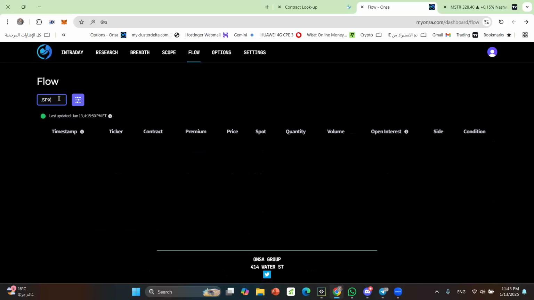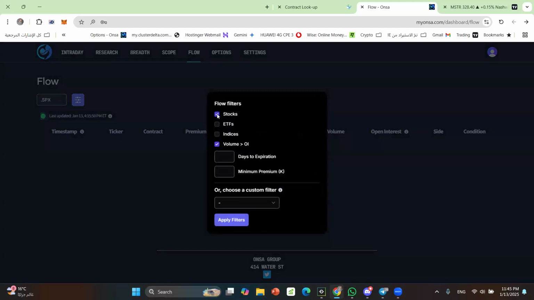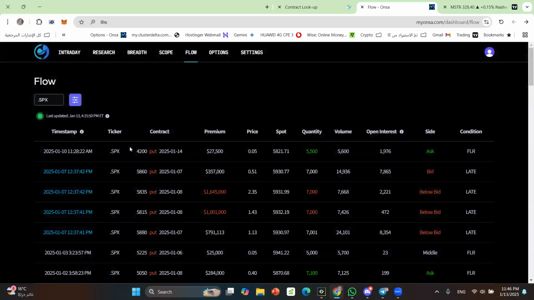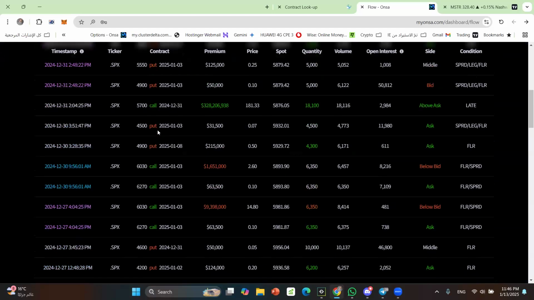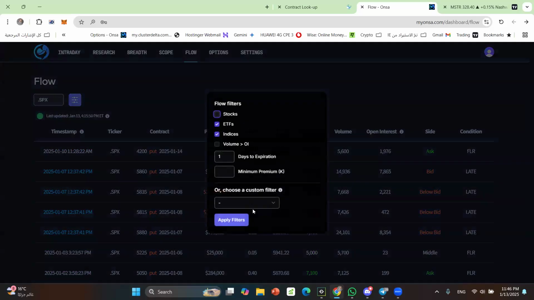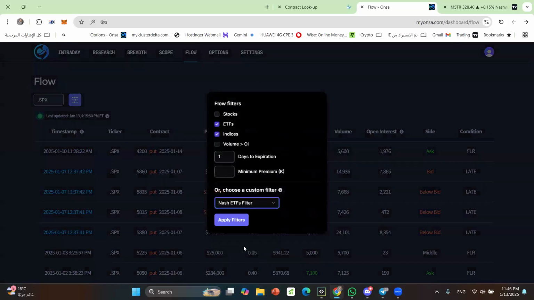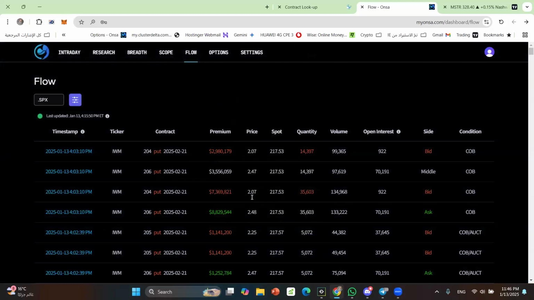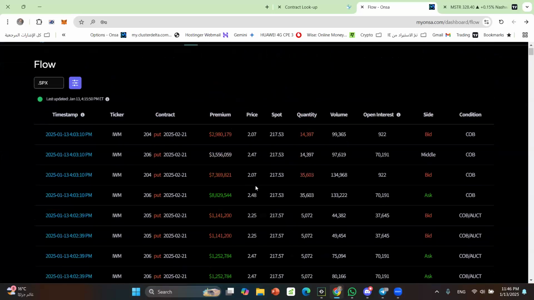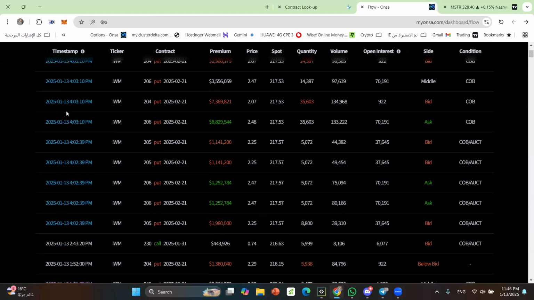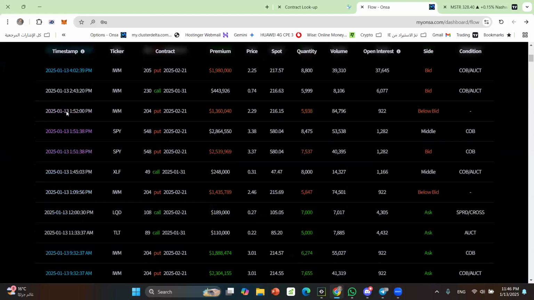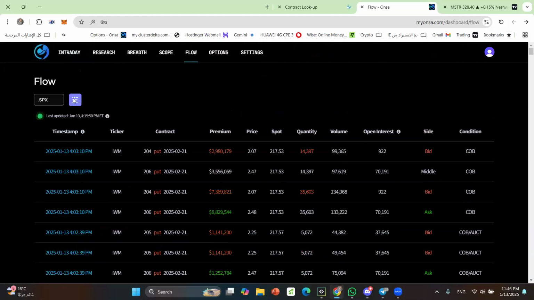Type SPX, choose ETF or indexes, and make the expiration just 1 day only. You can use whatever is the general filter here, or maybe you can choose the initiative filter to have only the out of the money.